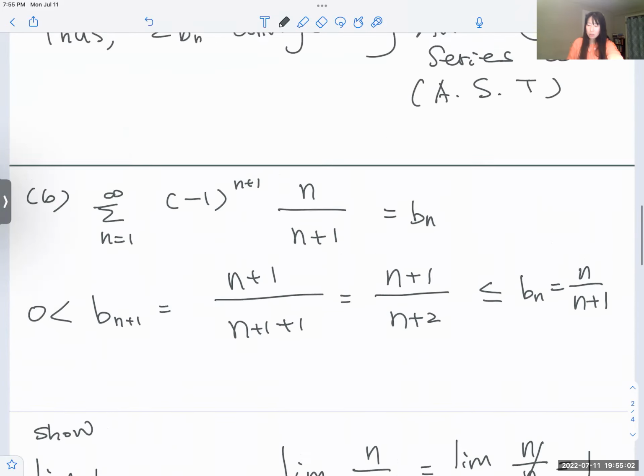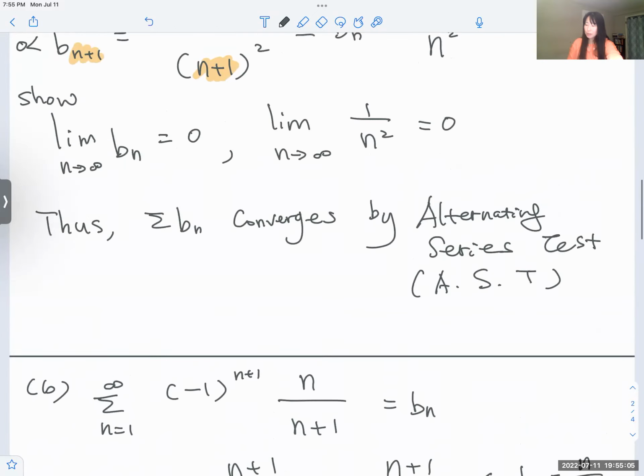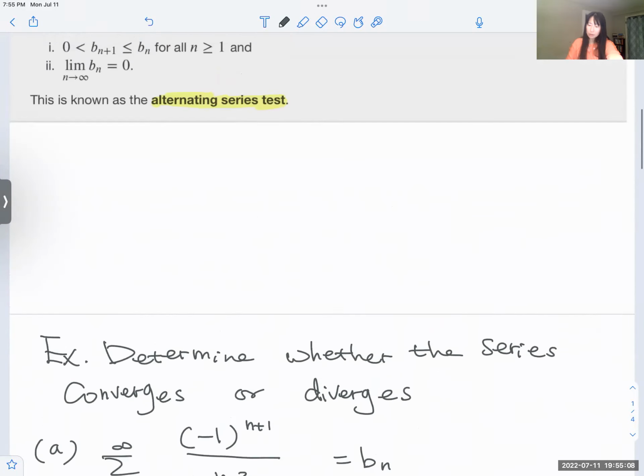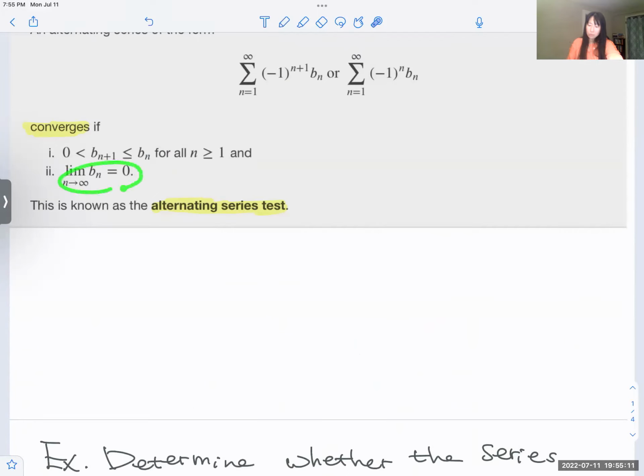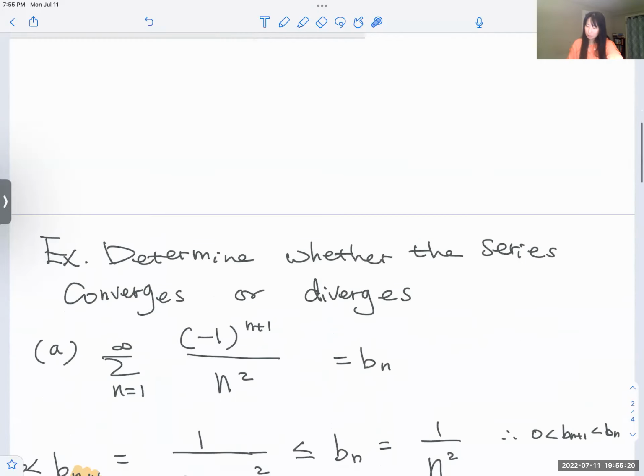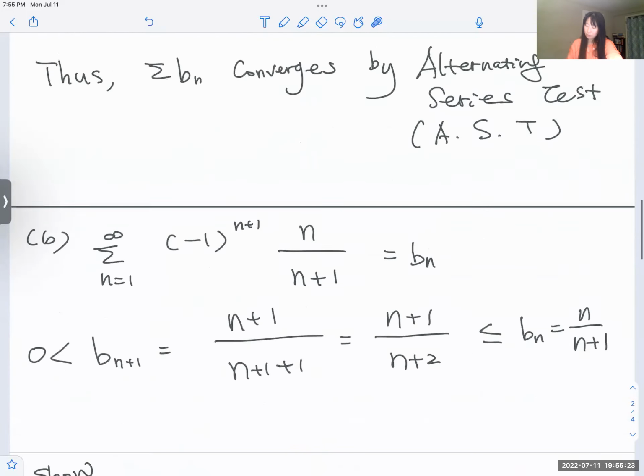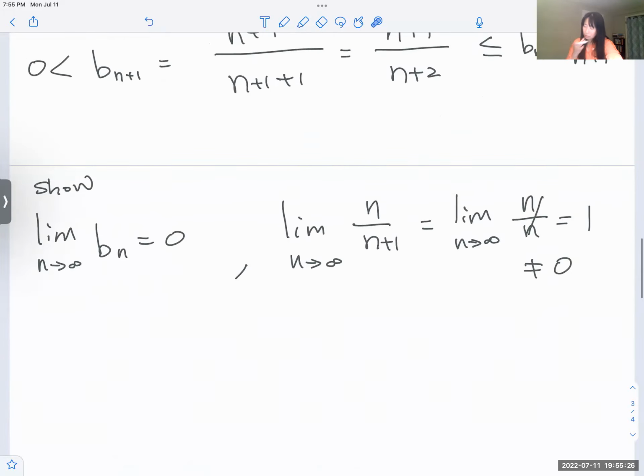So look, this one doesn't satisfy the alternating series test, so we cannot apply the alternating series test in this case.